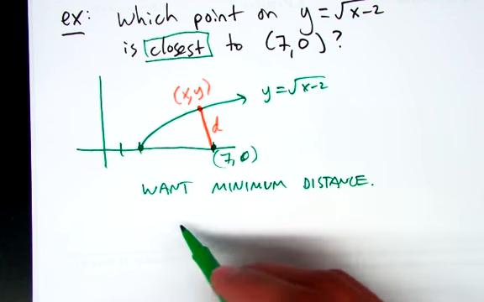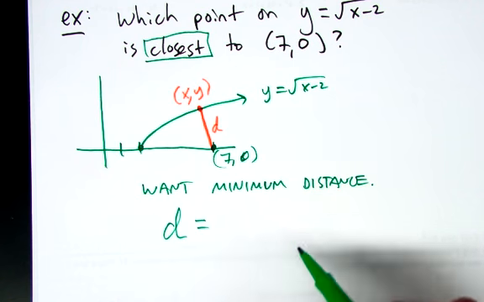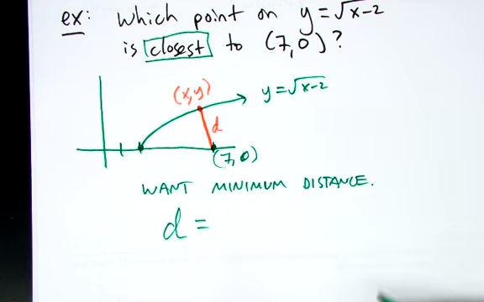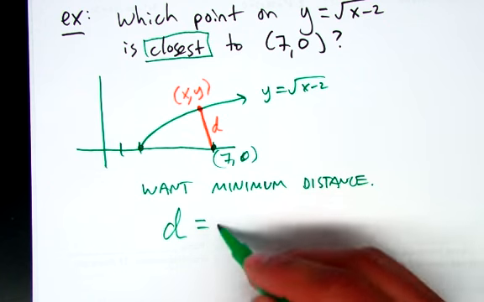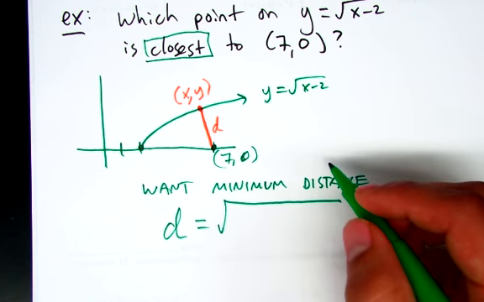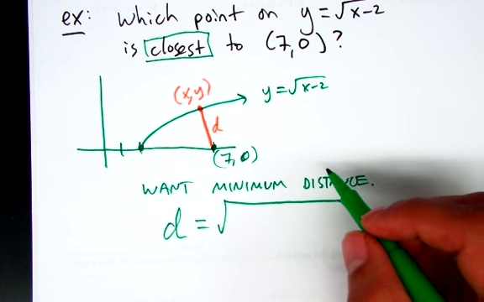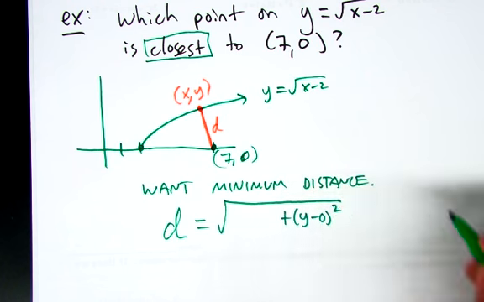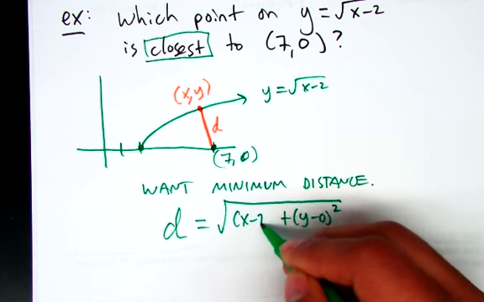So let's write one. How do I find the distance between x comma y and 7 comma 0? The square root of what? Okay, I'll put that over here. Good, so it's just the distance formula.